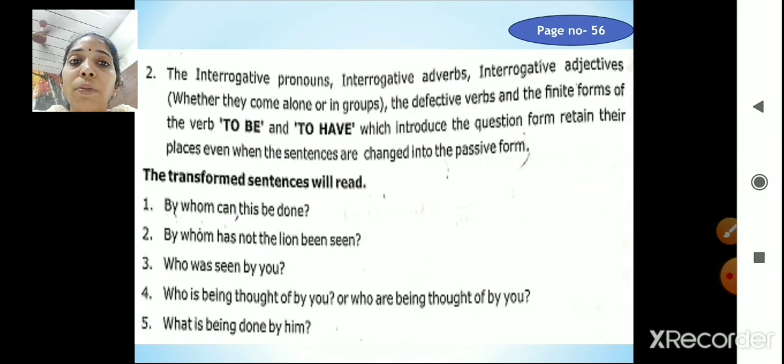They don't change their places at all. Whenever the sentence is changed into passive form, these things retain their places.